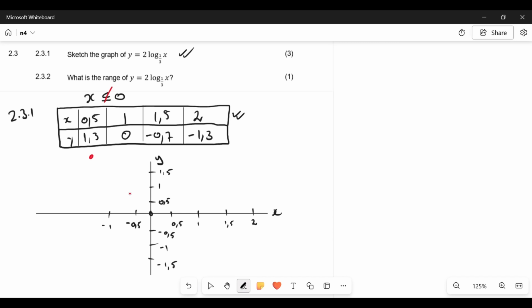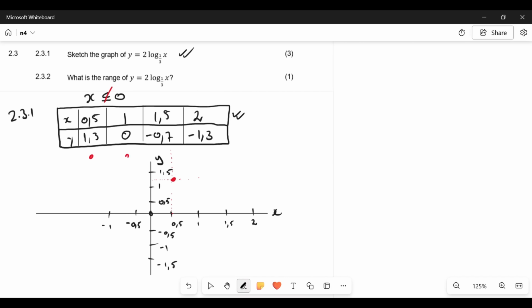When x is 0.5, our y is 1.3. So 0.5 for x is this point here. We draw a line going upwards, and our y is actually 1.3. If you look at the y-axis, 1.3 should be between 1 and 1.5. So this is in the middle, so we draw a line that goes this way. That is going to be our point there.